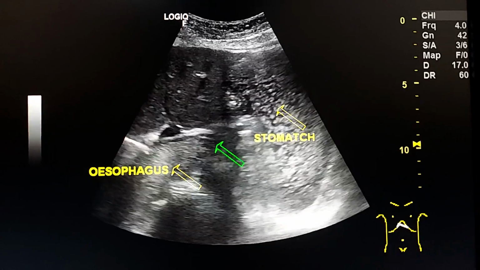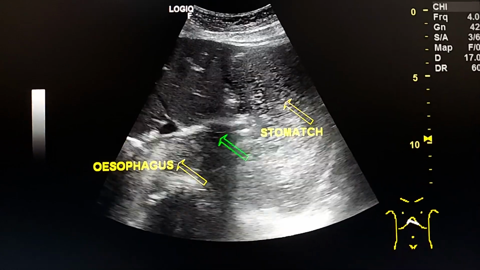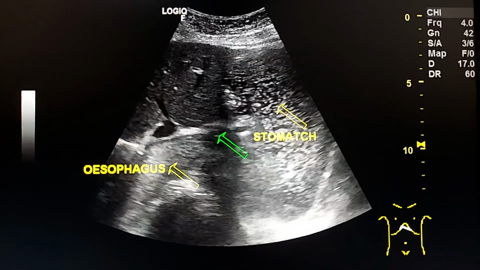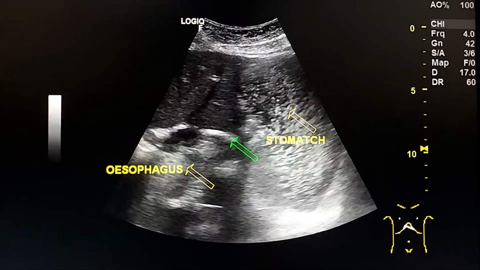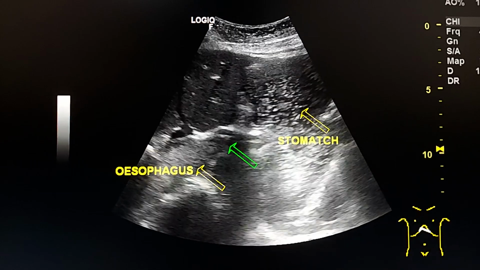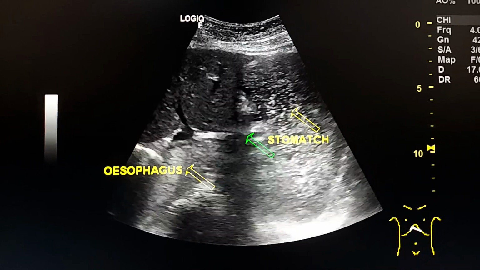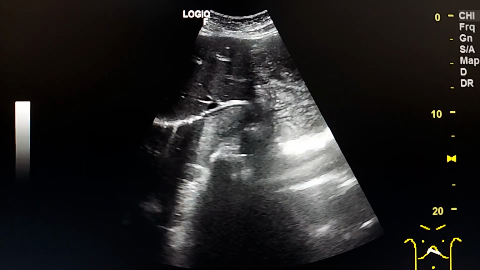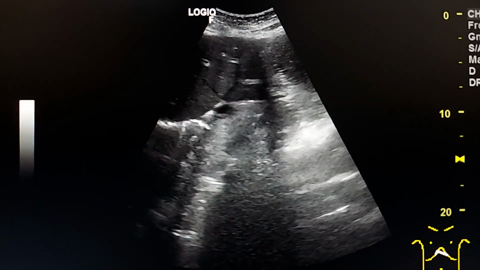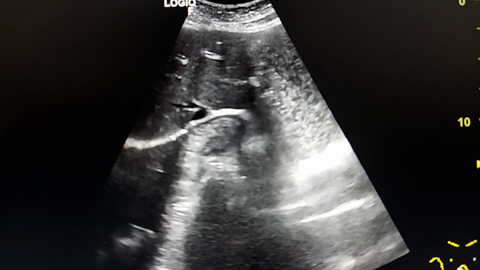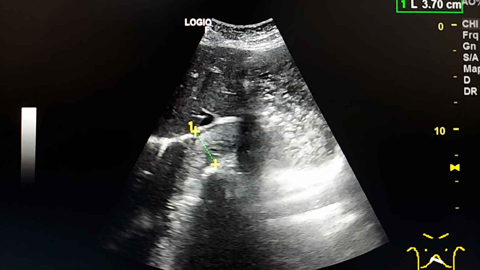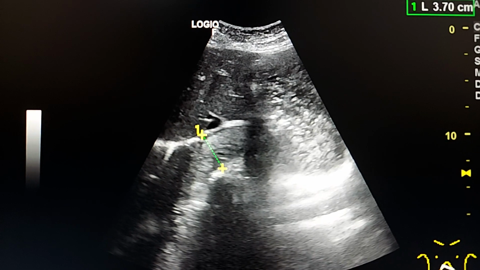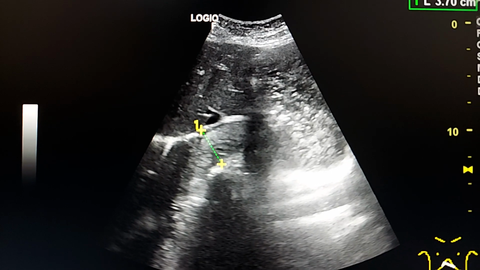And here we see narrowing of the lower esophagus at the level of the sphincter. This confirms the diagnosis of achalasia. The diameter of the dilated esophagus is about 4 centimeters here.